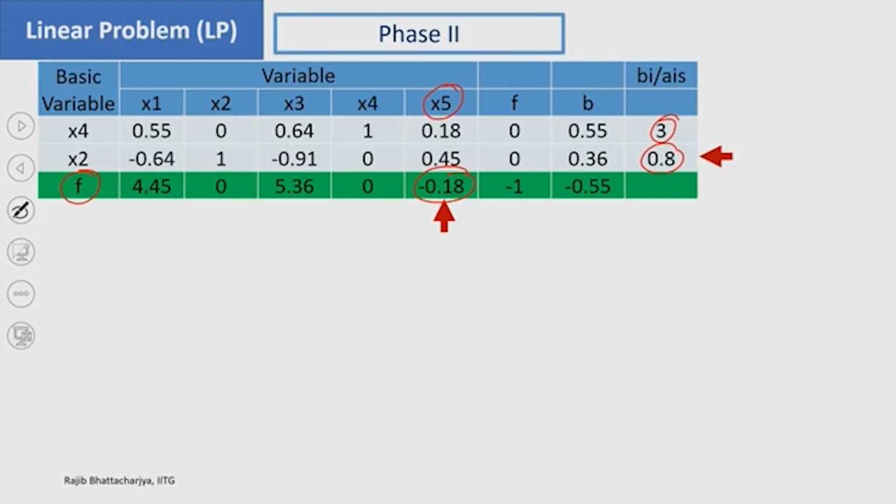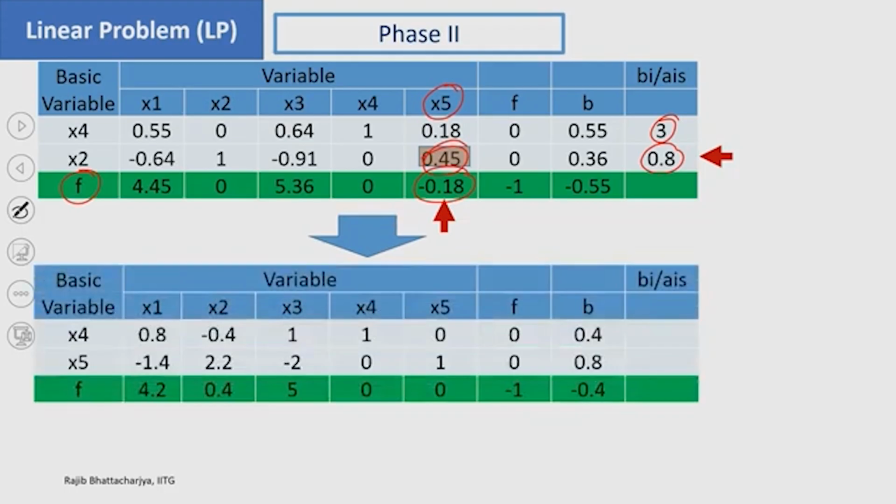So, therefore, we will take the minimum one, and now this will be the pivoting element. If you do that, finally you are getting this 1 and this equal to 0, and the solution is now x4 = 0.4, x5 = 0.8, and f = 0.4.